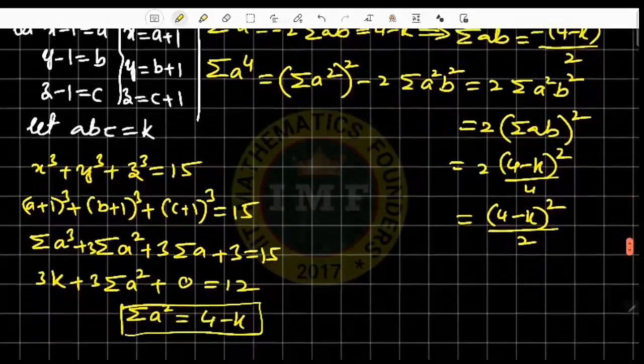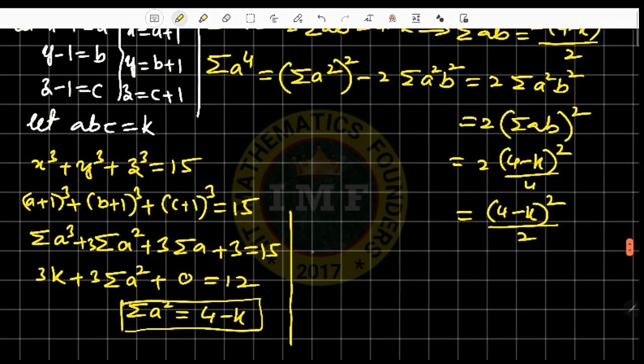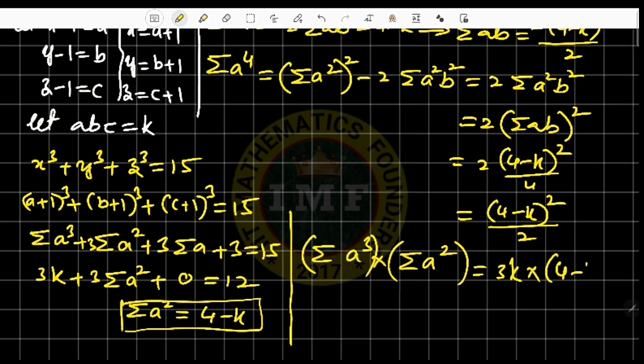Now let me take this calculation, sigma a cube into sigma a square. This one I am multiplying. Sigma a cube value you have, that is 3k, and sigma a square value you have, that is 4 minus k.